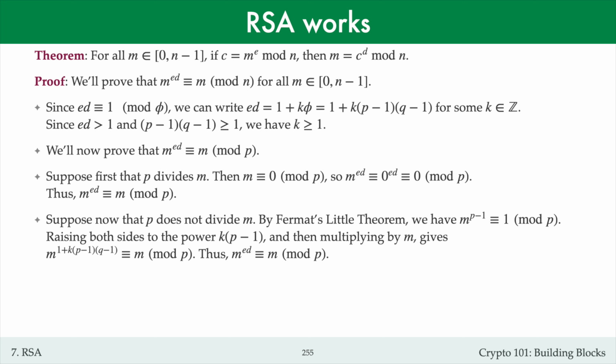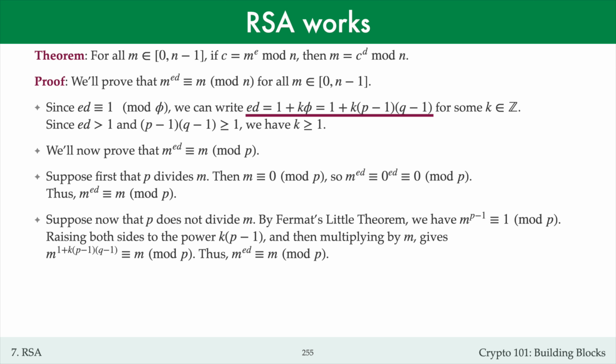Suppose next that p does not divide m. Then, since p is prime, we can invoke Fermat's little theorem to conclude that m to the power p minus 1 is congruent to 1 modulo p. Raising both sides of this congruence to the power k times q minus 1, and then multiplying both sides by m, gives us that m to the power k times p minus 1 times q minus 1 plus 1 is congruent to m modulo p.